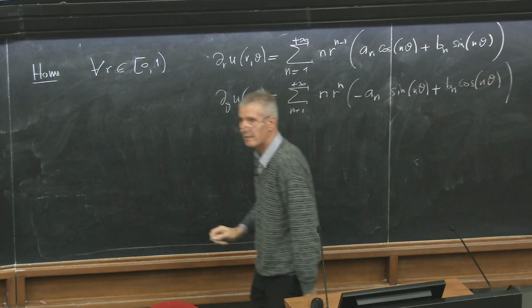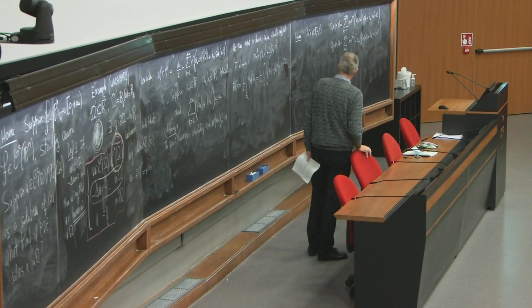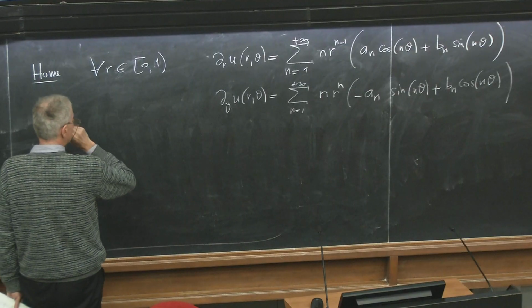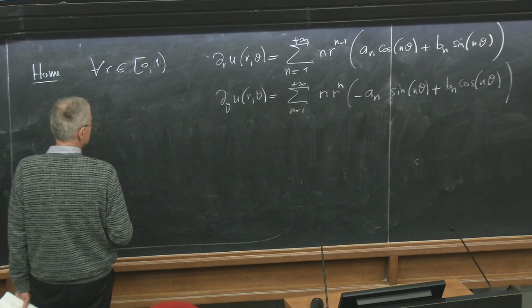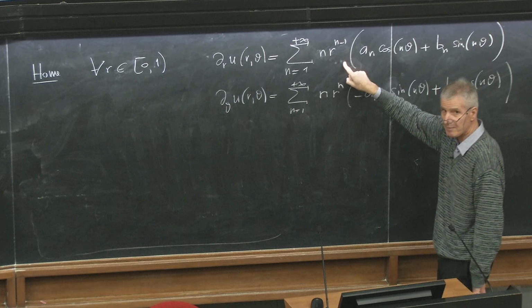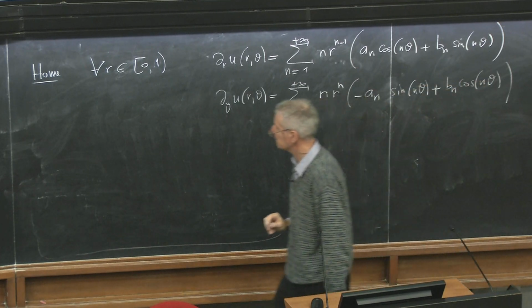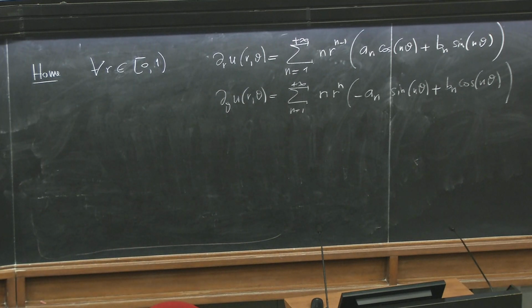Stop me if I'm making some mistake. So this is okay for any r as soon as we are not on the boundary, because this series is uniformly converging on compact subsets of B1, and also this, okay? So we can differentiate the series term by term.